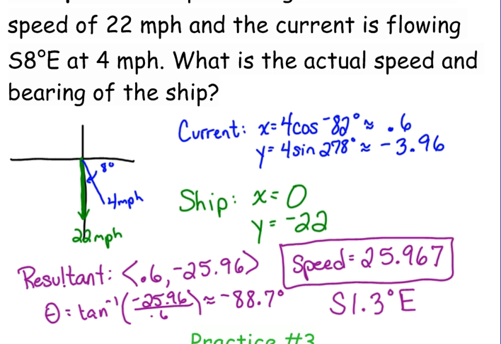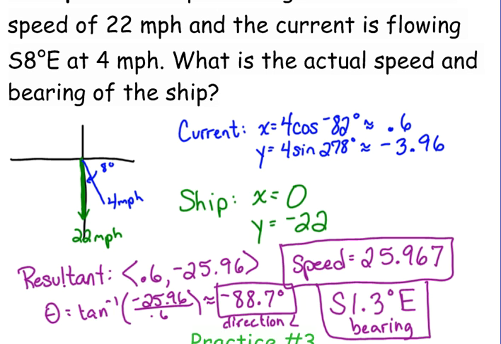If my angle from the positive x-axis is negative 88.7, I want to know what's the angle from south. So I got 1.3 degrees there left towards east. So this is the direction angle. Negative 88.7 is the direction angle, but south 1.3 degrees east is the bearing. That's just a vocabulary thing you need to pay attention to. Direction angle, bearing. This problem actually asked for the bearing.